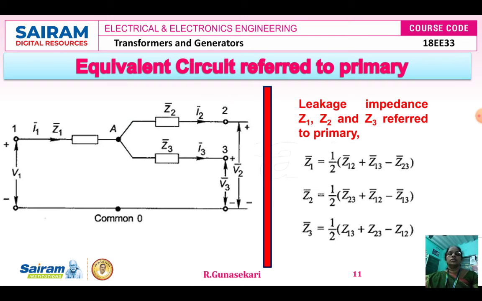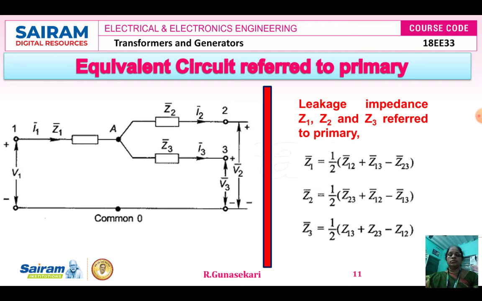Now the equivalent circuit of the 3 winding transformer referred to the primary. How to calculate the equivalent circuit parameters? Now you see the circuit diagram, the A terminal is there. V1, V2, V3 are the respective voltages of windings 1, 2, 3.